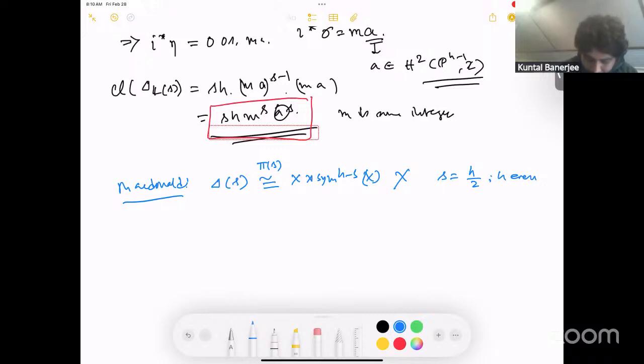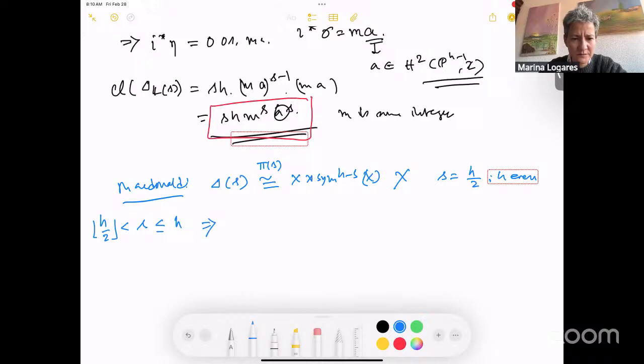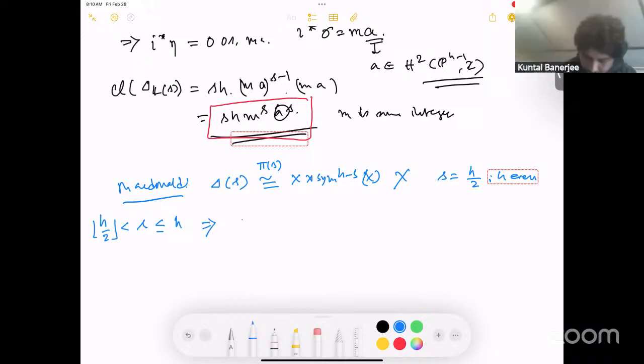In some cases, if s is in between, and if it is greater than the floor function of h over 2, then this becomes a homeomorphism actually.